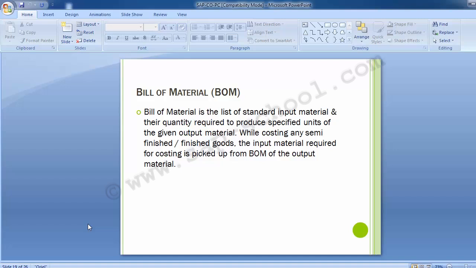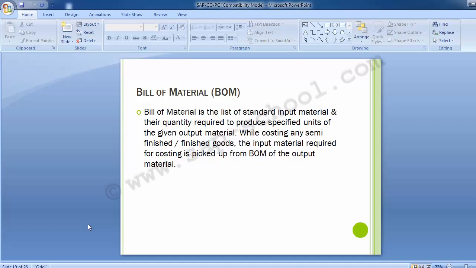For an internally produced material, a bill of material, that is BOM, is created. A BOM contains the components of materials and the quantities required to produce a finished or a semi-finished good.